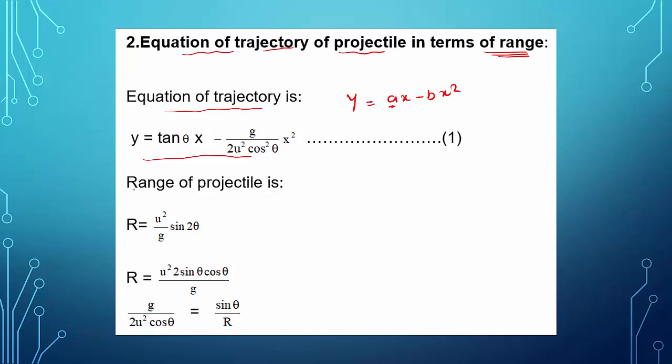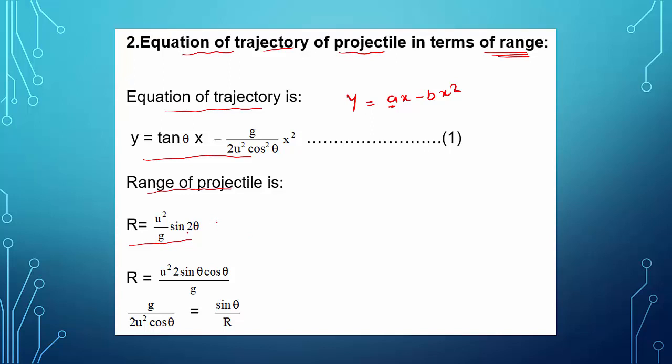This is equation for trajectory. Then I am going to use horizontal range of projectile, and it is given by the equation r equal to u square by g into sine 2 theta. This is an equation for horizontal range. Now I am going to write equation 1, that is equation of trajectory in terms of range.